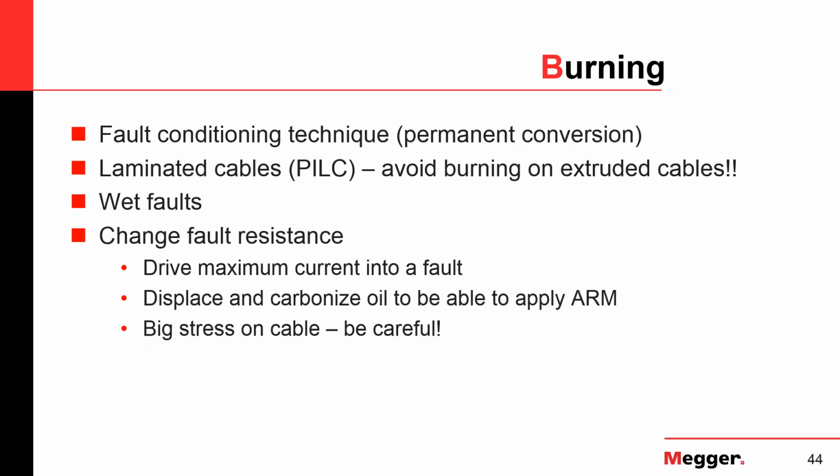You displace the oil, you introduce carbon, you reduce the resistance, and then you can apply the arc reflection method. And therefore, this is a typical PILC fault locating technique.